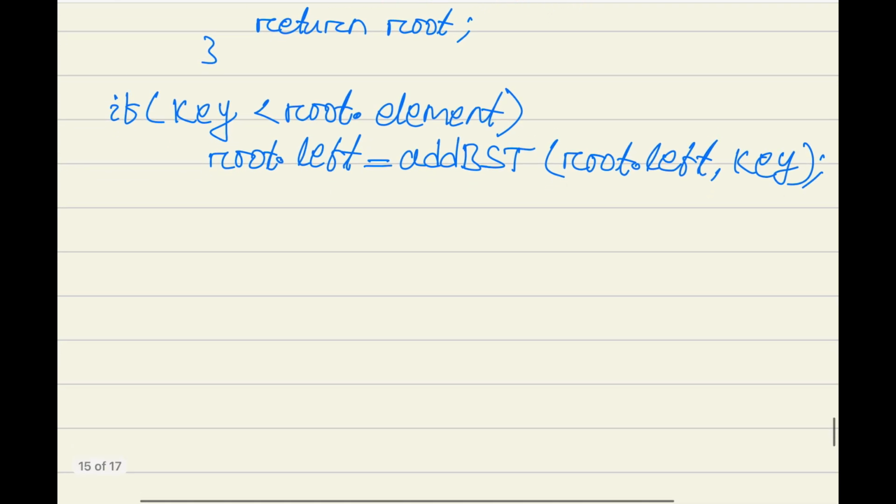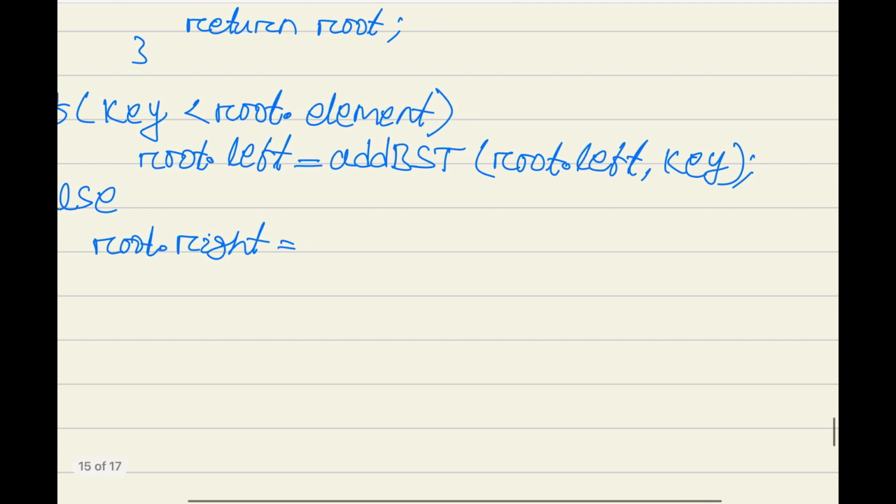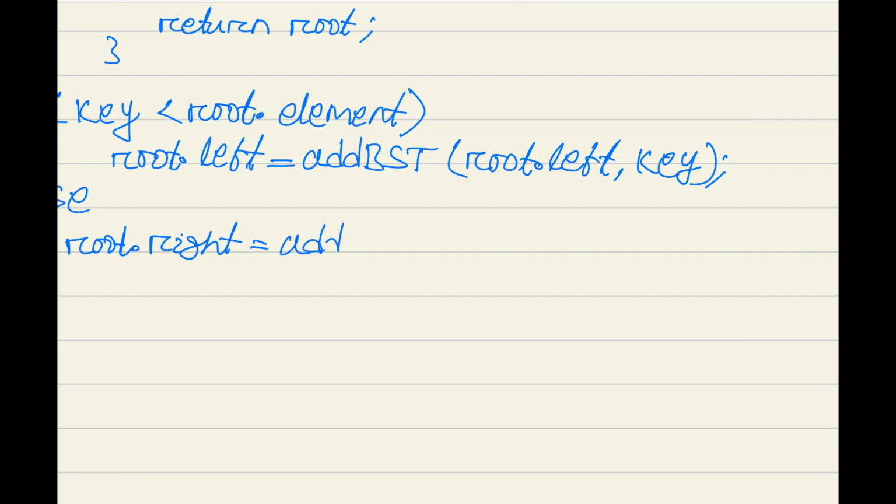Now in the else part, that means when key is greater than root dot element, we can write the same thing: root dot right equal to add bst, root dot right, key.